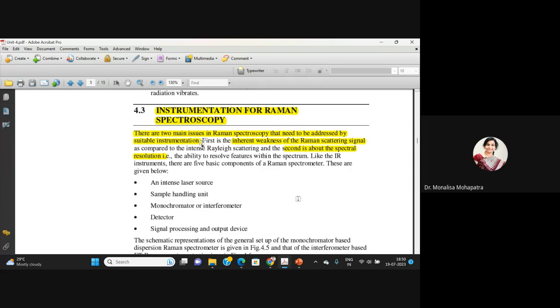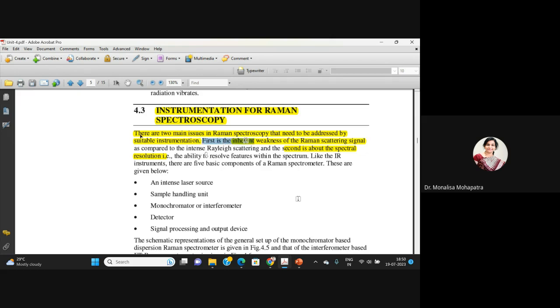The instrument is already tuned with that programming: how the design should look, how the signal to noise ratio can be reduced, and how you get a better quality signal. These need to be addressed for Raman spectrophotometry.